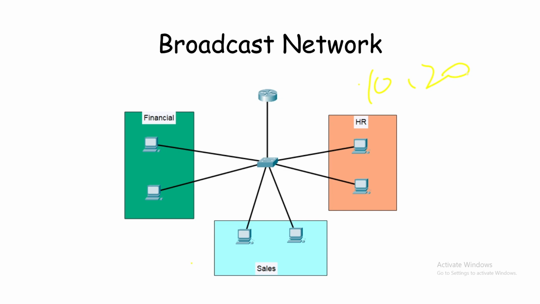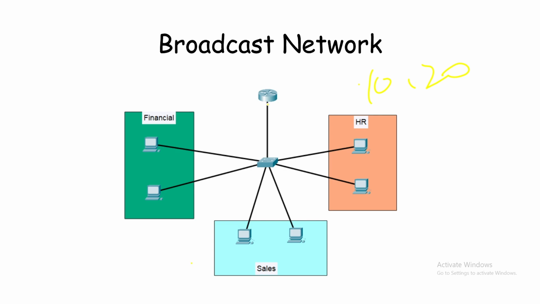These sub interfaces will act as separate interfaces for each VLAN. It is simple and cost effective for a small network, but it has several limitations. We are using only a single physical interface, but it carries multiple VLAN traffic.